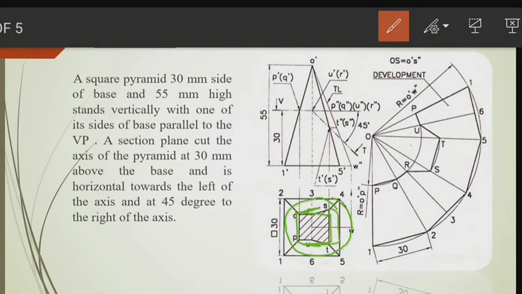When you cut it completely, that is a trapezium shape. But that shape is less in the front. If you cut it horizontally, you get a square shape. But here half of the part is cut, half of the part up to the axis. So half of the part is cut by using a plane, and then you can get a part like this.